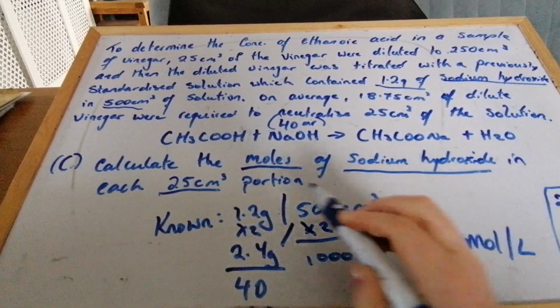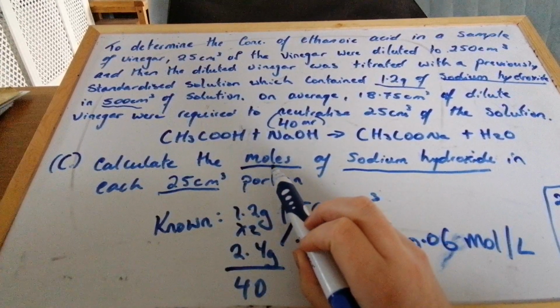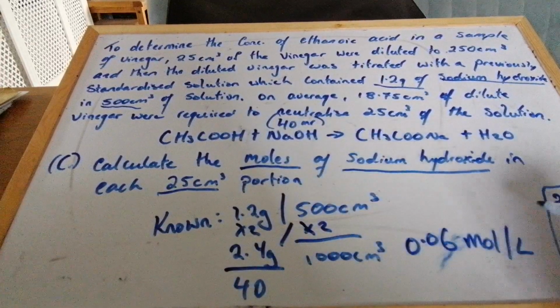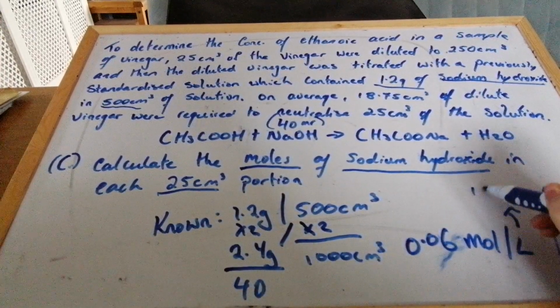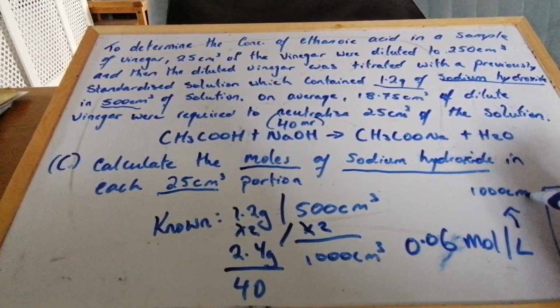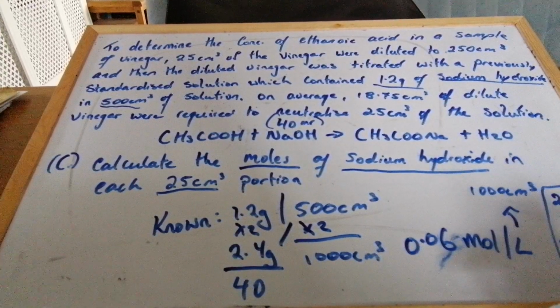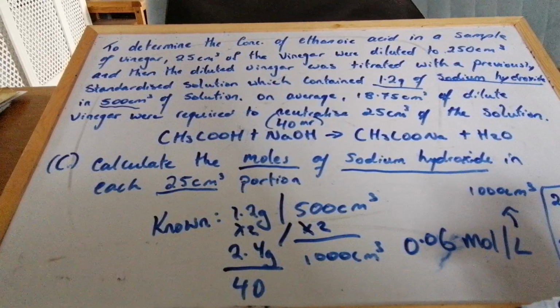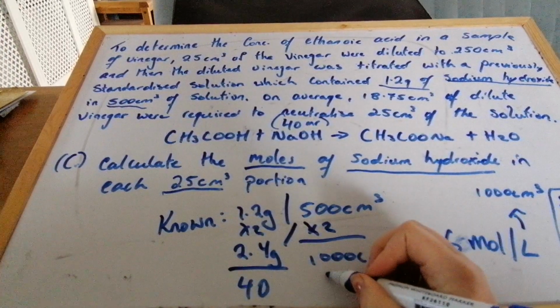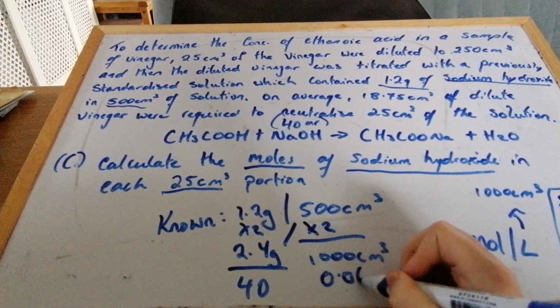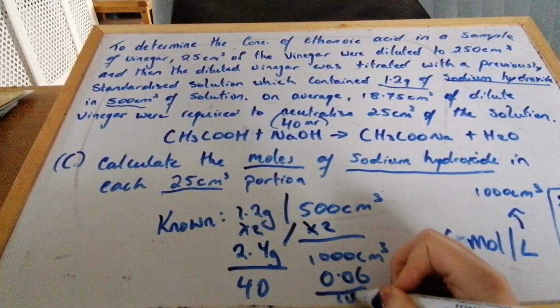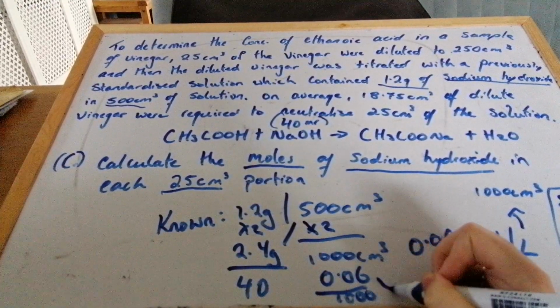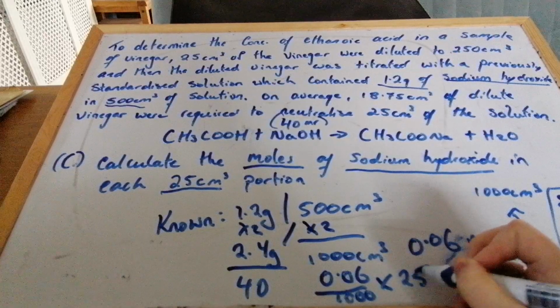Okay, so now I'm going back to the question. I have moles, but I have it in a litre or 1,000 centimeters cubed. Okay, I need it in 25 centimeters cubed. So what I have to do then is I get my 0.06 divided by 1,000, and I'm going to multiply that by 25.